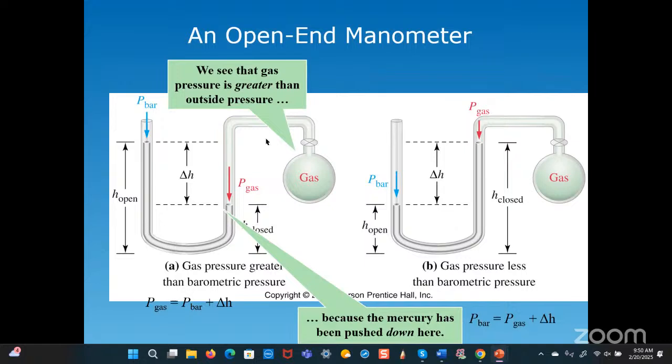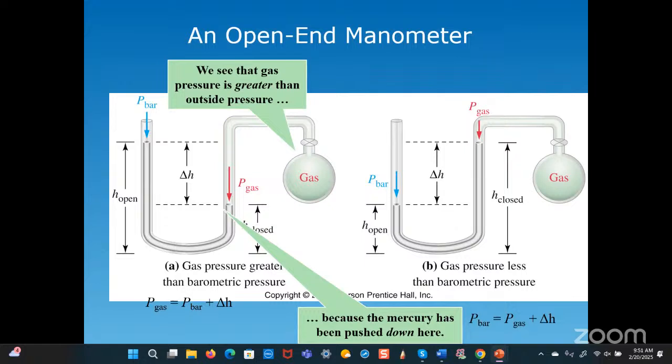So the pressure of the gas will be greater than the barometric pressure, and the difference between those two will be equal to delta h. Therefore, the pressure of the gas is equal to the barometric pressure plus the delta h that is measured between the two mercury levels on either side of the U-shaped tube.